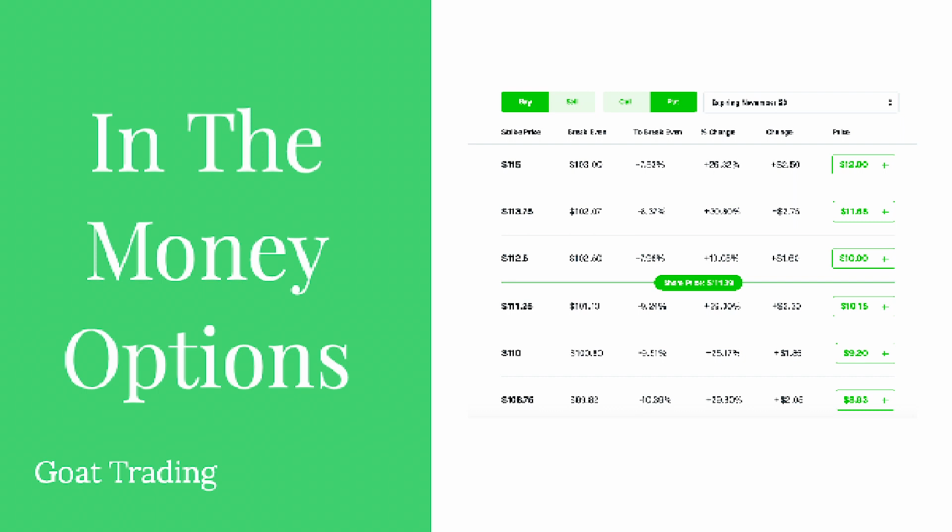So those in the money options are gonna be expensive contracts. They're not gonna be cheap because they're in the money and they have tons of room and time to grow and get more and more into the money, so they're gonna be expensive.